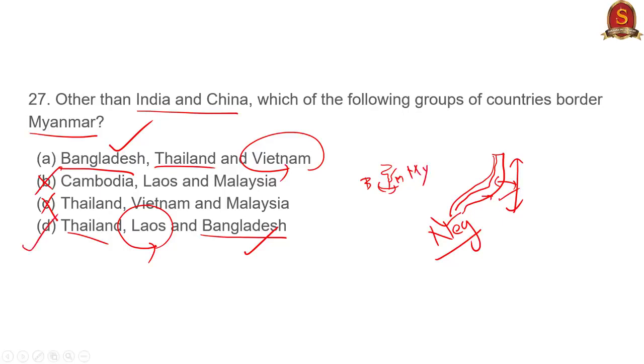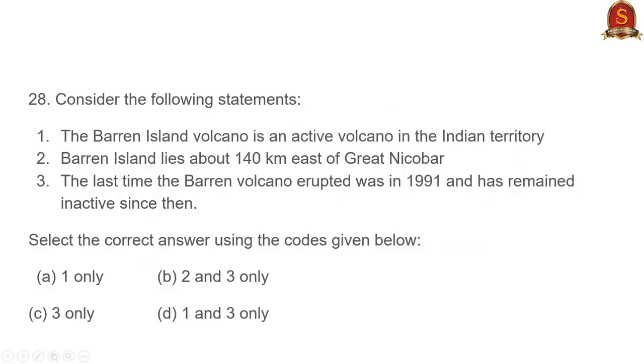So negating Vietnam, you can go for option D. But what I'm trying to convey is, even without knowing the discussion about Thailand, you can narrow down between options A and D. And between Laos and Vietnam, if you know that Vietnam is located on the eastern side of the Indochina Peninsula, you can get the answer as D because Vietnam is far away and hence it has to be Laos.